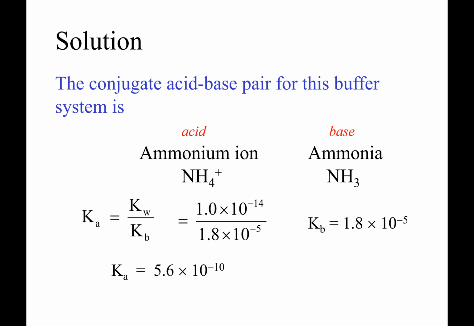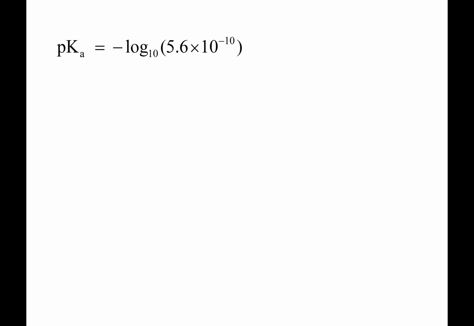So I think in my slides I've been doing this: a quick check to see if this conjugate acid-base pair would be a good one for the target of 9.50. We get the pKa, which is the negative log base 10 of the Ka, so the negative log of 5.6 times 10 to the negative 10th, and you're looking at 9.26.